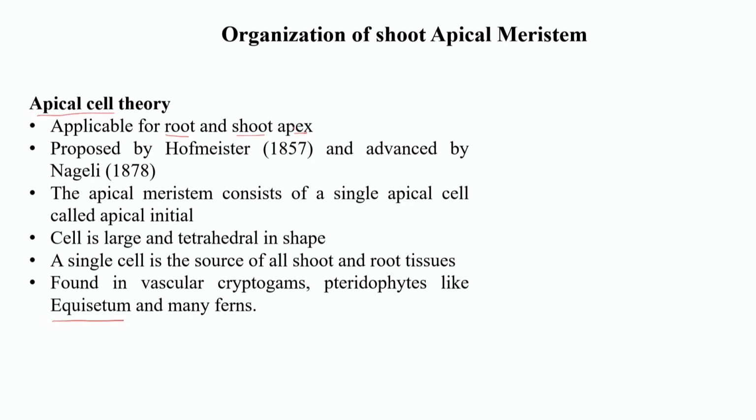According to this theory, there is a single apical cell present in the apical meristem. That means a single cell is acting as the apical meristem, and this single cell gives rise to all the different parts of a shoot as well as root.